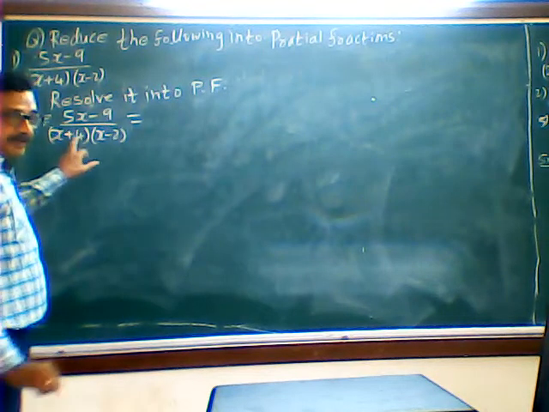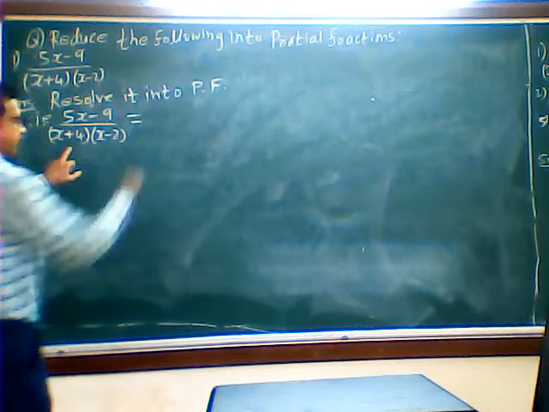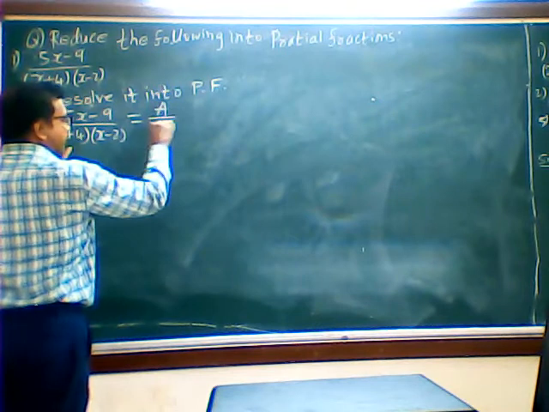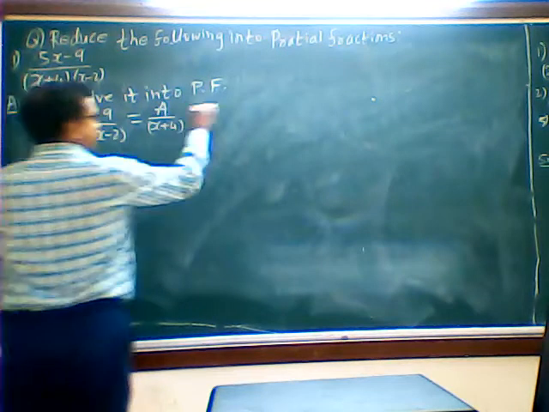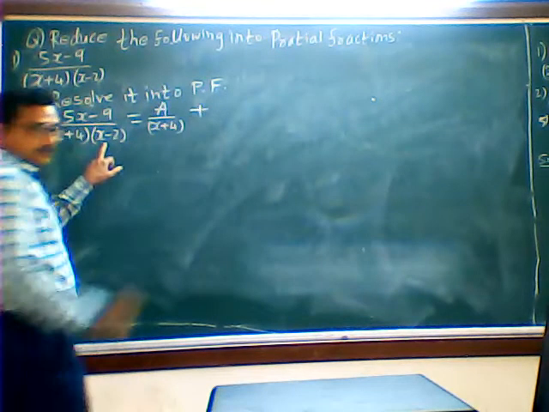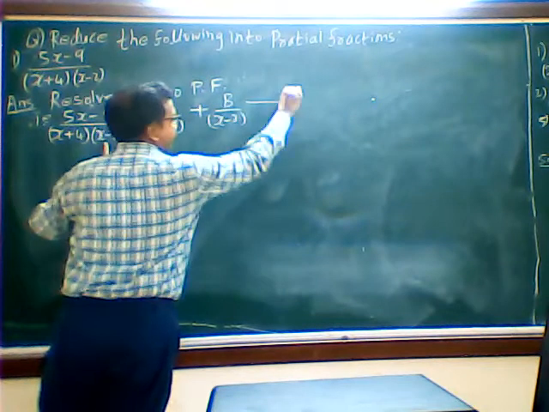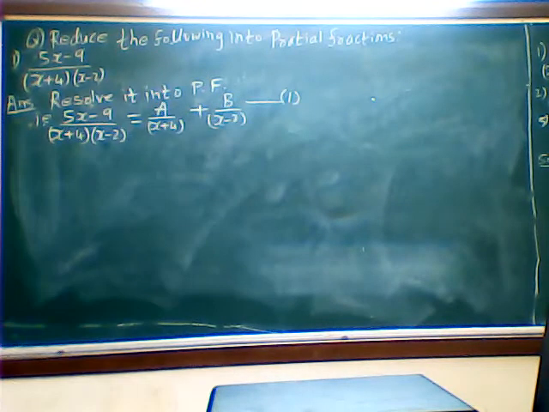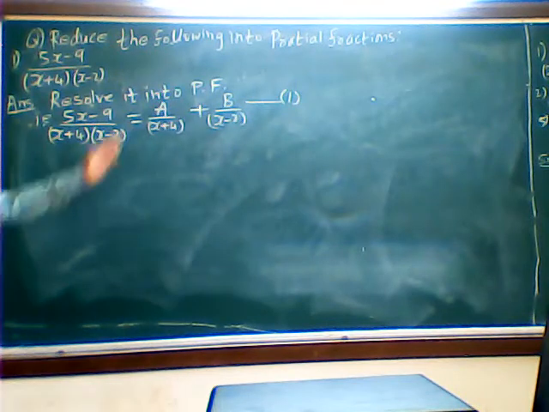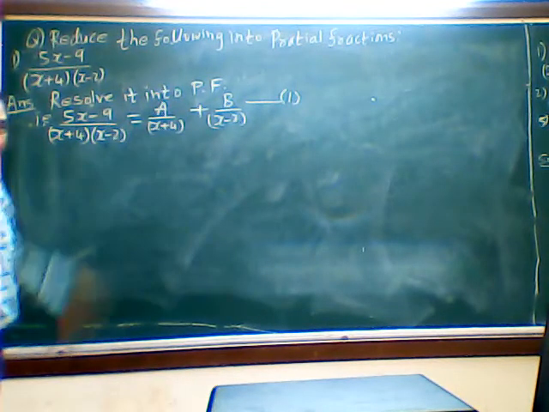See, there are two factors. So for the first factor I will take A upon (x + 4), plus, this is a different factor, I will take B upon (x − 2), and name this as equation number 1. Next step, we are going to find out the A value and B value.